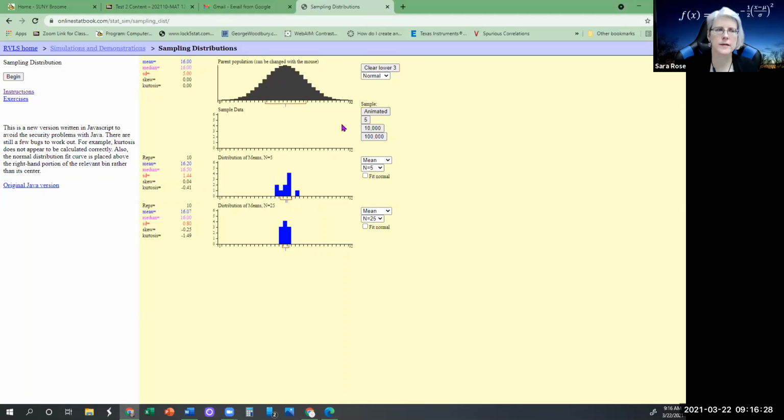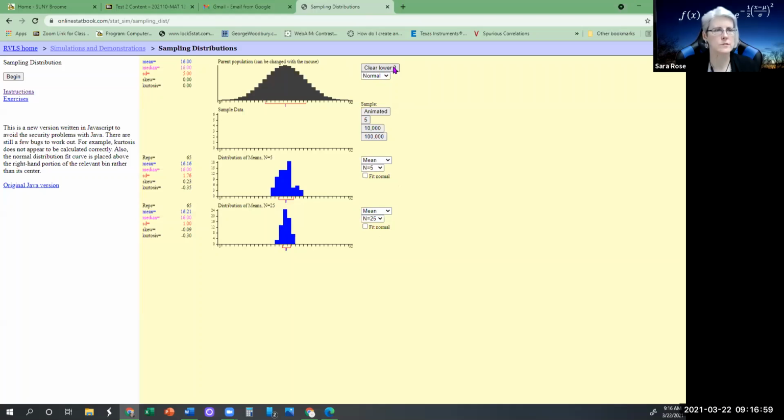This one's kind of getting spiky. Okay. And we keep doing 5 of these at a time. And you can see this distribution down here, the sampling distribution of sample size 25, becomes approximately normal much more quickly than a sample of 5.